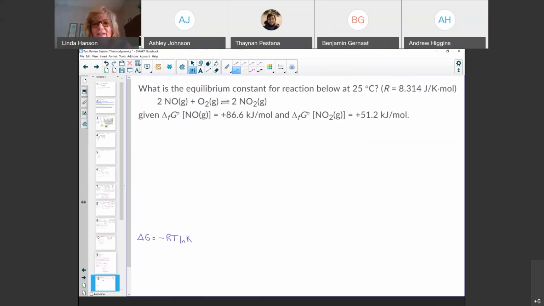They even give us the R constant from the ideal gas law. Our reaction has gaseous nitrogen monoxide plus oxygen, making 2 units of NO2. They give us the value of NO, they give us the value of NO2, and we're asked for the equilibrium constant.